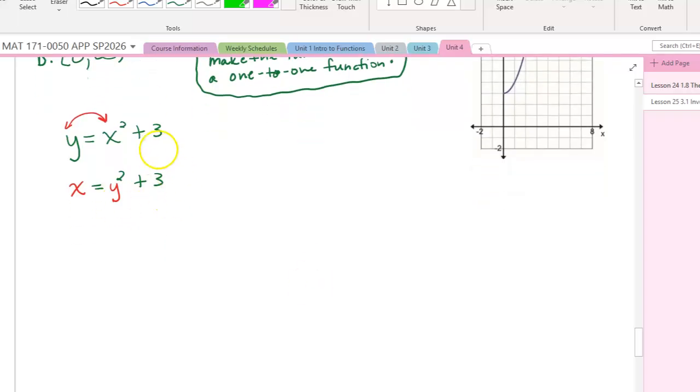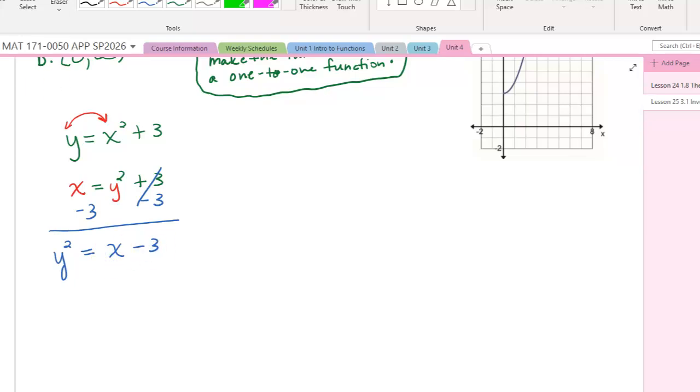Now anything that doesn't have y in it is going to go to the other side. And I'm going to flip mine around again because I like what I'm solving for on the left. So I'm going to have y squared, these cancel, is equal to x minus 3.